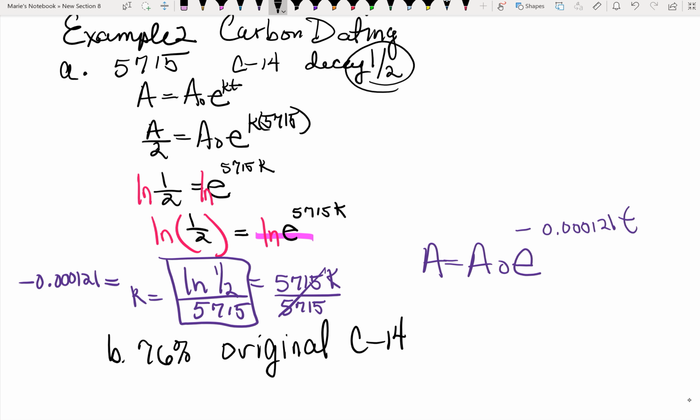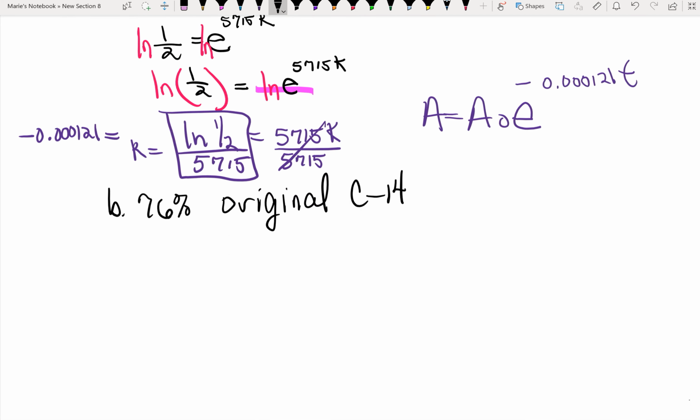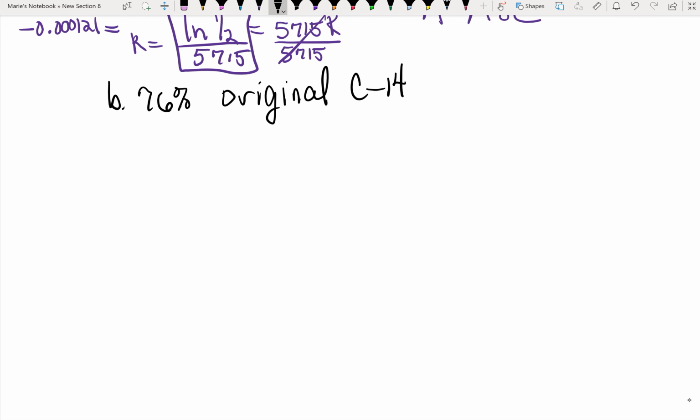If we want to estimate the age of the scrolls, we would simply take the model, which is 0.76 times a equal to a sub 0 e to the negative 0.000121t. Remember, this is 0.76.